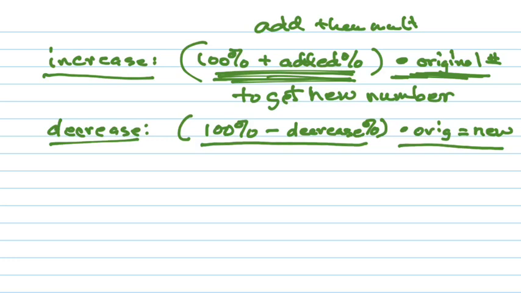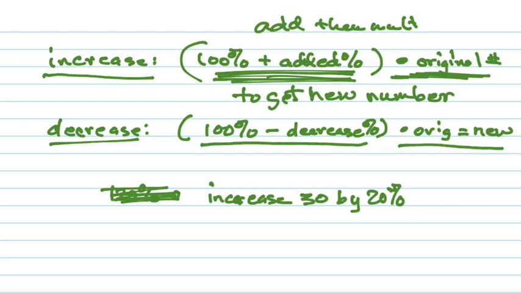Can you give an example of both? So let's say we wanted to increase 30 by 20%. Remember that?